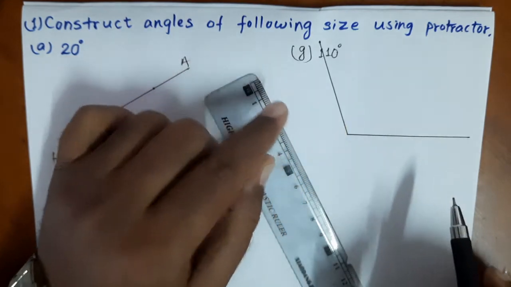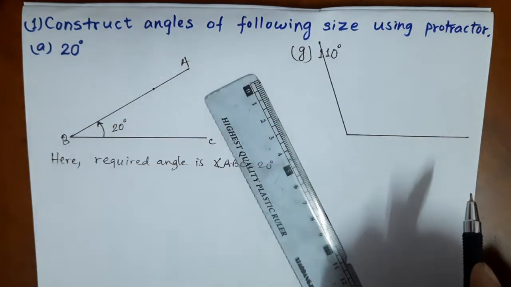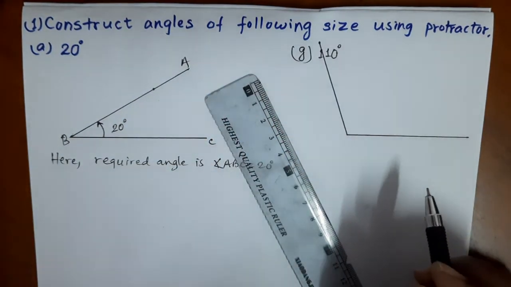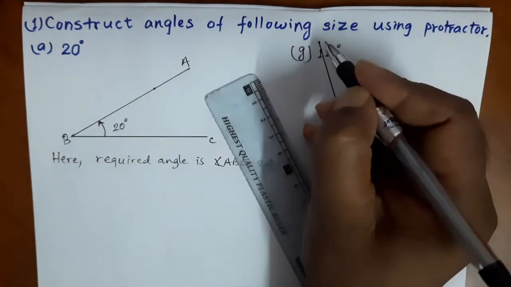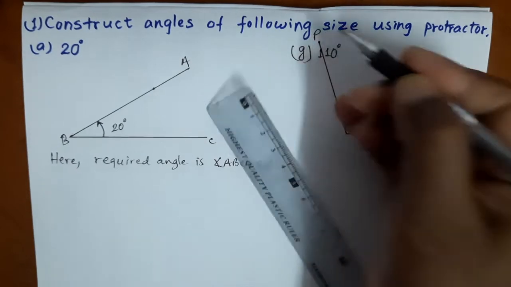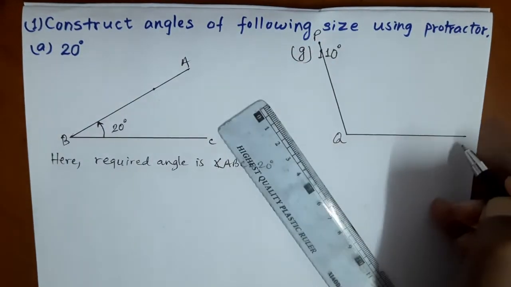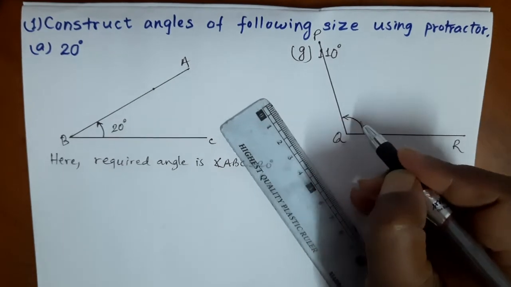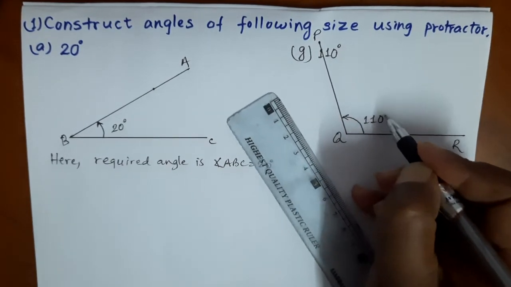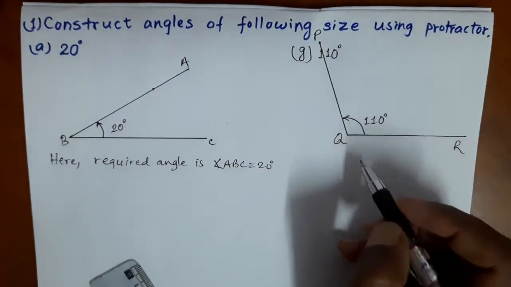Now you see our angle of 110 degrees is prepared. You can name this angle PQR, and you can write 110 degrees here.